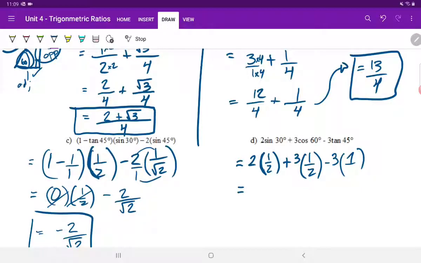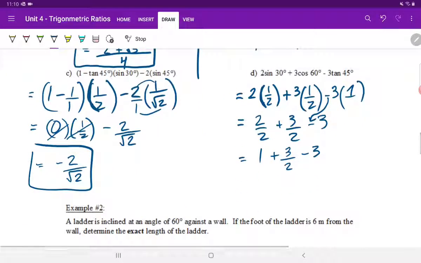Okay, so now let's multiply whole numbers times these fractions. So 2 times a half is 2 over 2, plus 3 over 2, minus 3, right? Bring down the minus sign. 3 times 1 is 3. Now, I understand that 3 over 2 is just 1.5, but I don't want to show decimals.